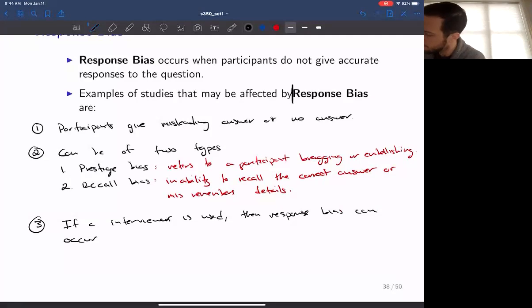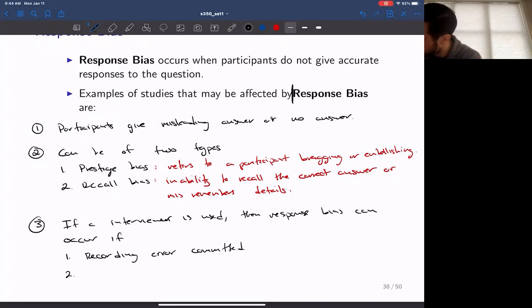It can also occur if a recording error is committed, or if the interviewer uses a self-selected respondent, for example.